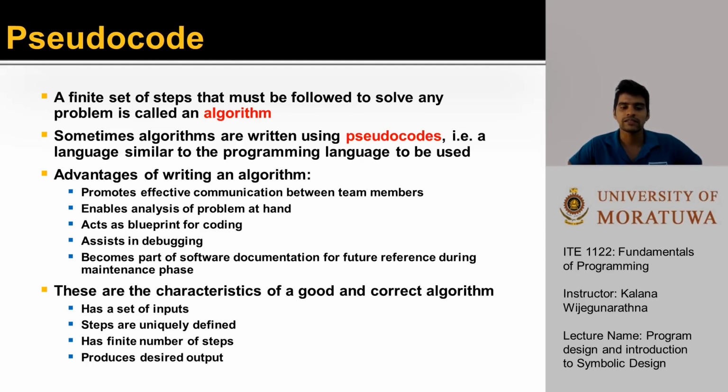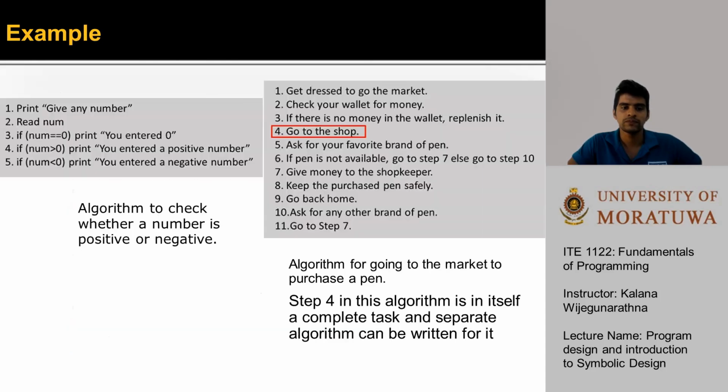Some of the characteristics that you can expect from a good and correct algorithm include having a set of inputs, uniquely defined steps, having a finite number of steps, and producing the desired outputs. Here, you can see examples of algorithms for the problems that we saw earlier in the flowcharts.